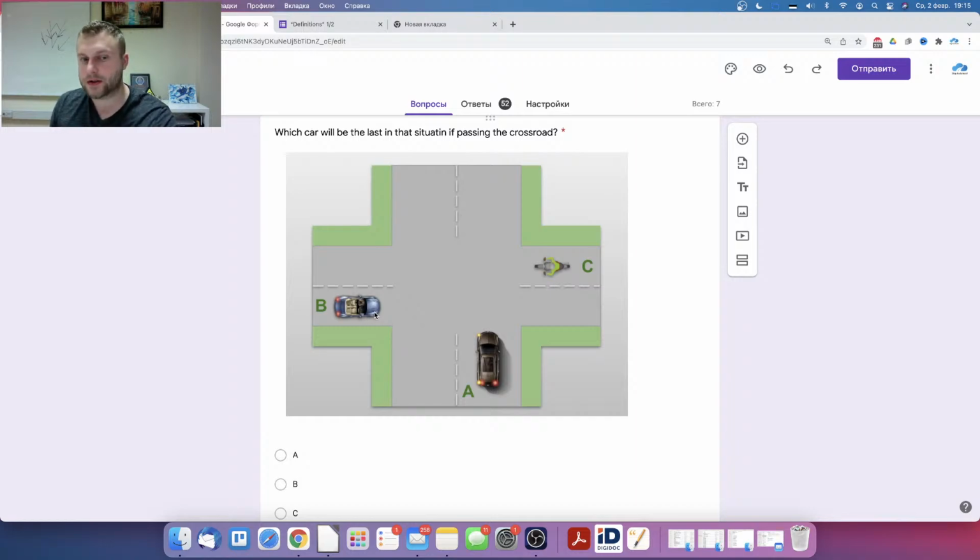After that, on the crossroad stay only B and A. As we already observed, B cannot go first because B has an A on the right side. So secondly goes this car, and the last one will be the B one. That's the logic.